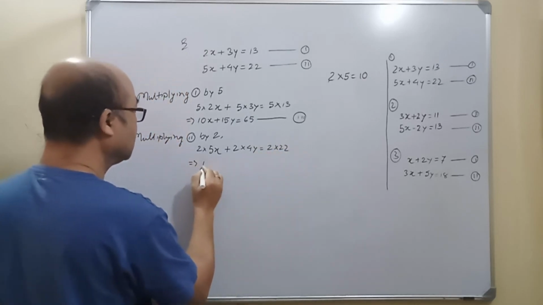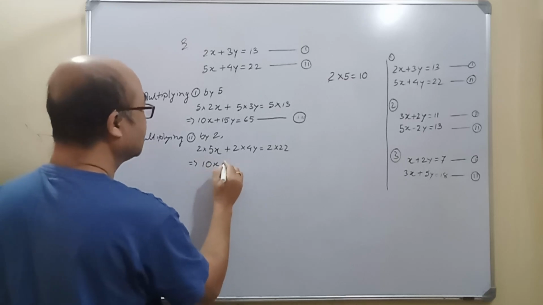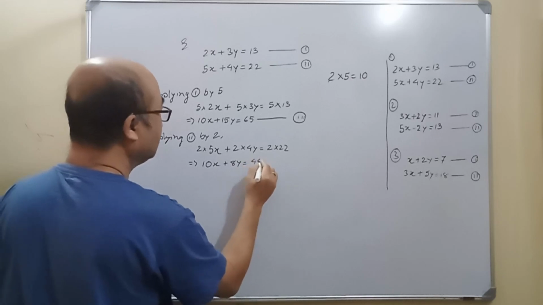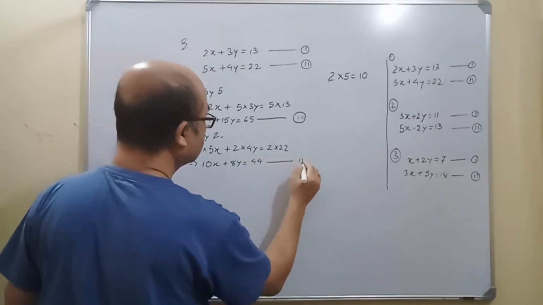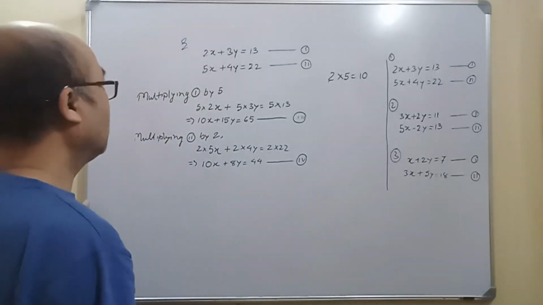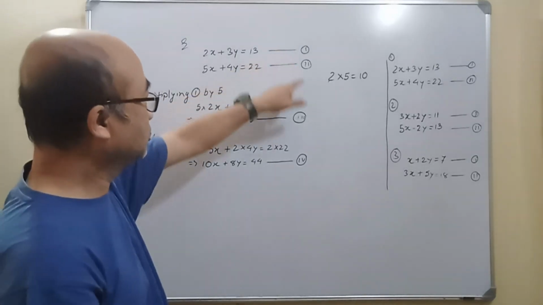So that means it is 10x plus 8y is equal to 44. This is equation number 4. So now we have 4 equations, 1, 2, 3, 4.